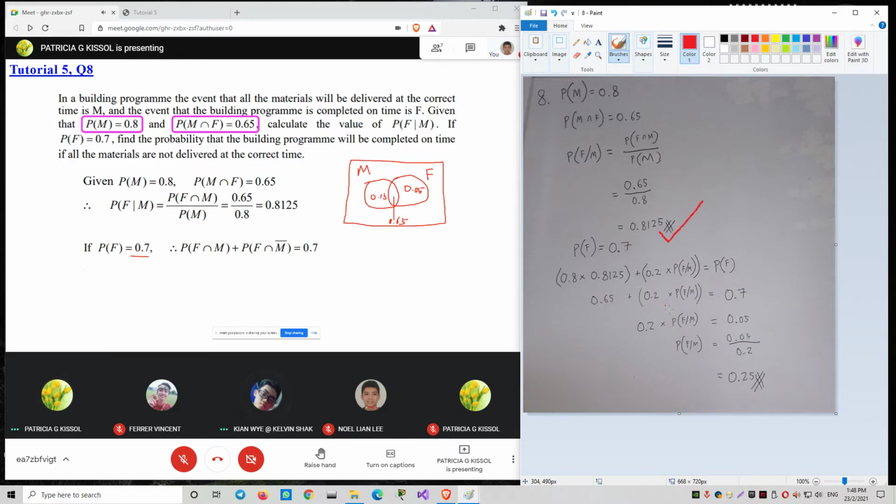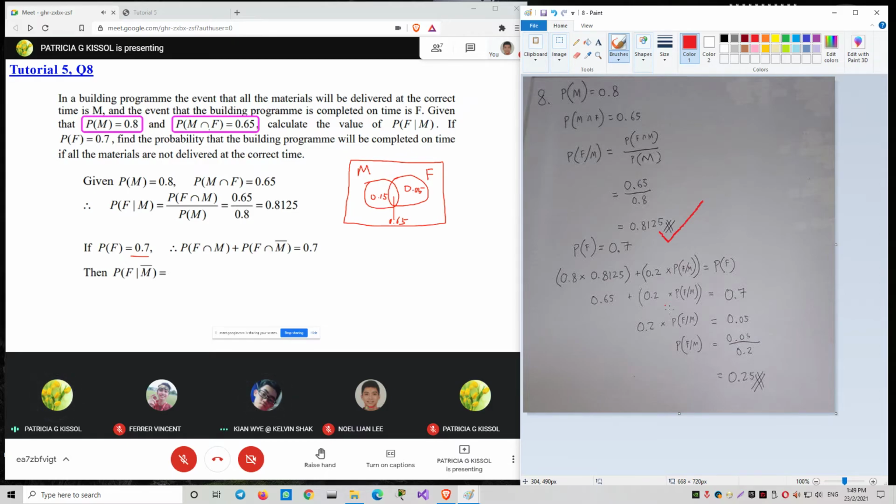But the question is find the probability on time if all the materials... But this question has nothing to do with this one, which is for conditional probability. Oh yeah, this one's looking for the probability of F intersection not M.